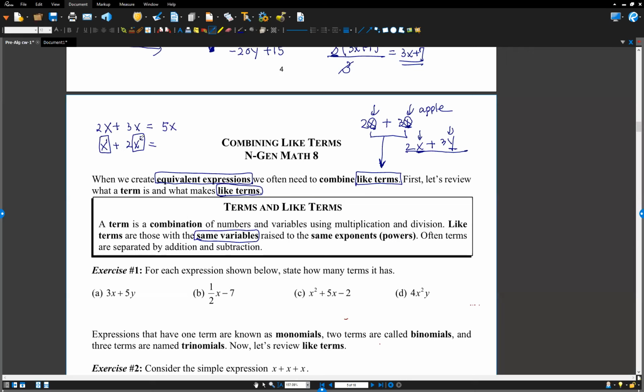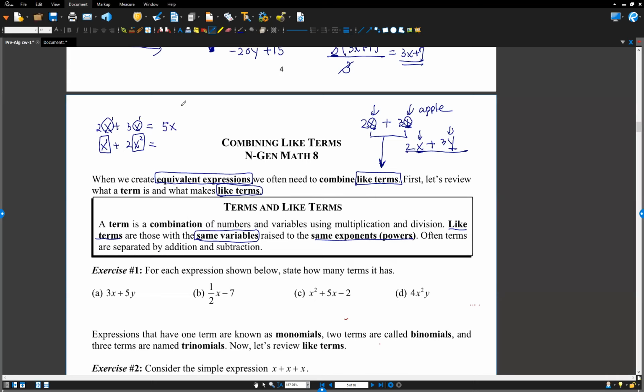What are like terms now? They have the same variable and the same exponent. 1, 1, same exponent. Okay, that is like terms.